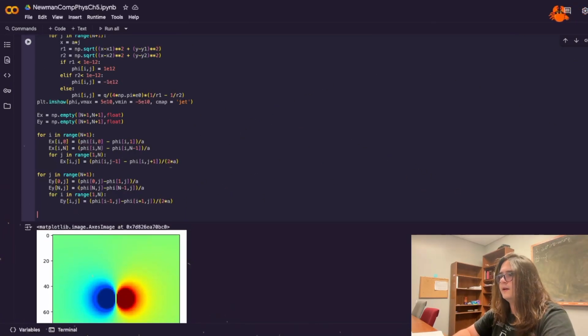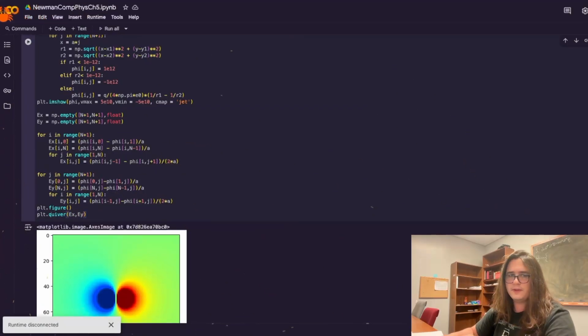Okay, I'm going to show you what the quiver plot looks like as of now, because we're going to end up calling a different figure. So plt.figure, and then quiver with the arguments ex comma ey.